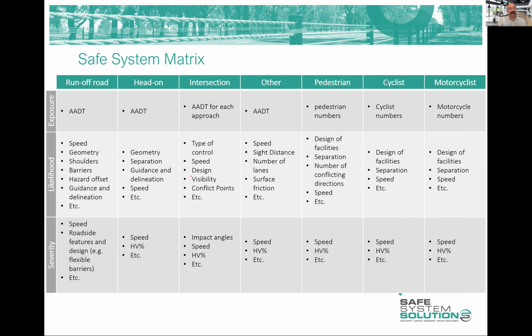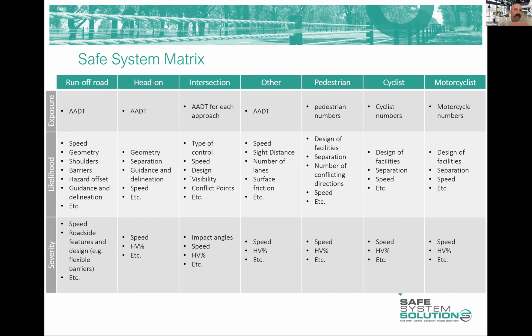And you go through a process of scoring how well the current environment aligns with safe system principles, because that sets us a relative benchmark to work from. And we use this thing called the Safe System Assessment Matrix.